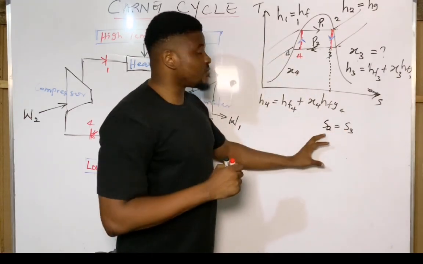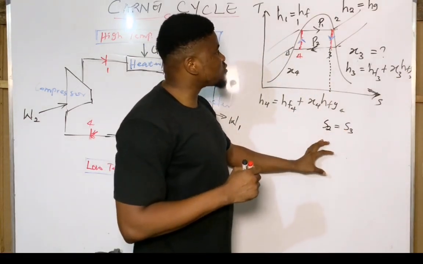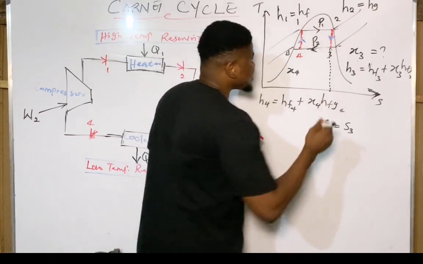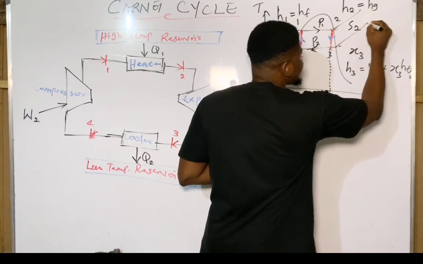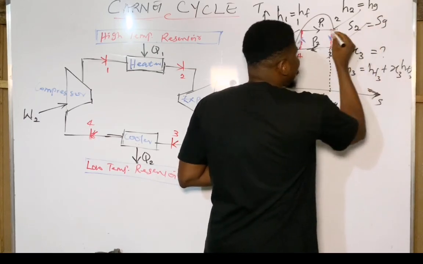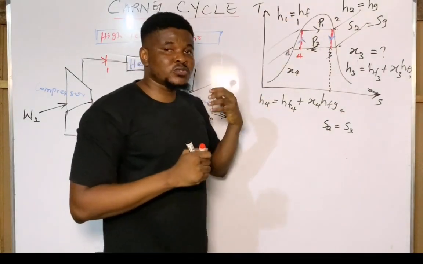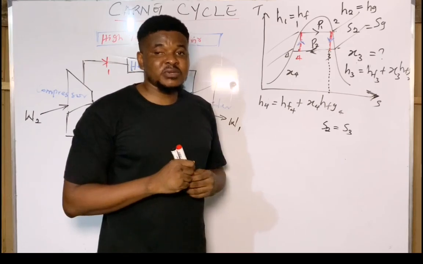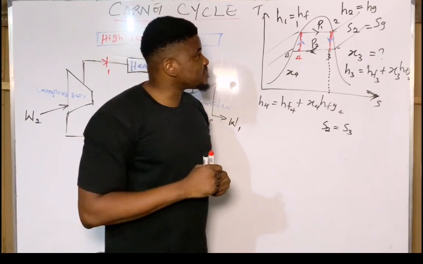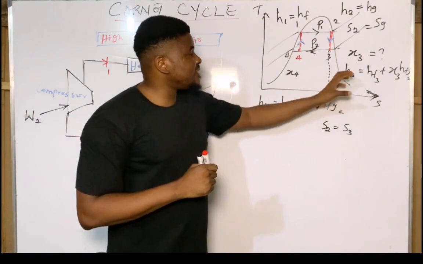Remember, it is easy to find S2 simply because S2 becomes Sg. S2 is simply going to be equal to Sg at this given pressure. So when you have your first pressure, you go to the saturated liquid and vapor steam table. At Sg, you can find the value of S2.